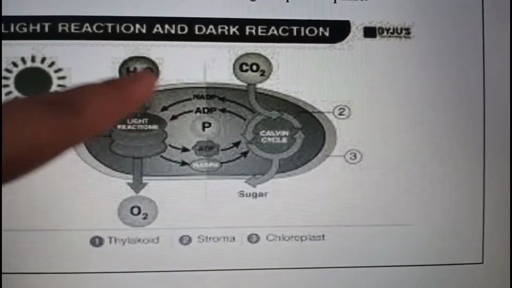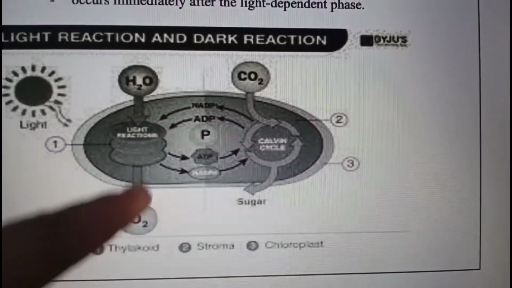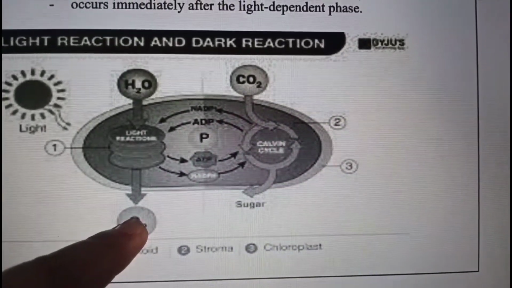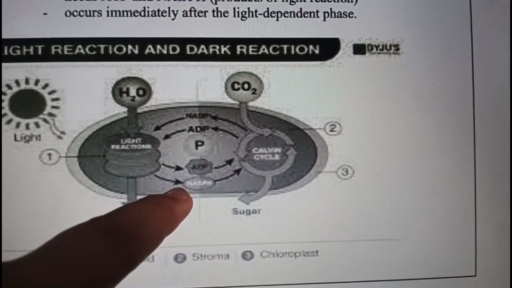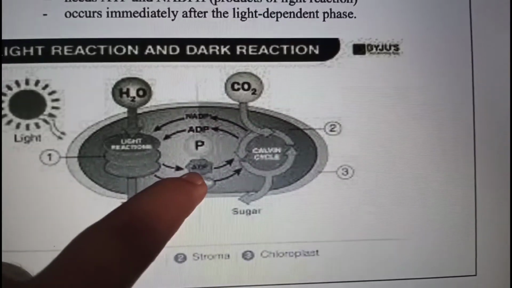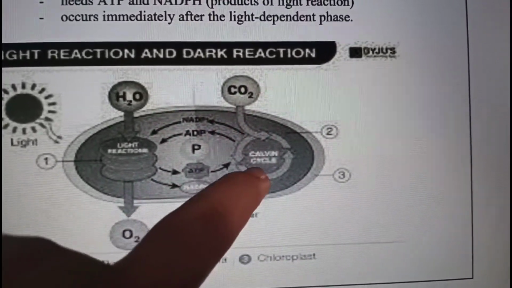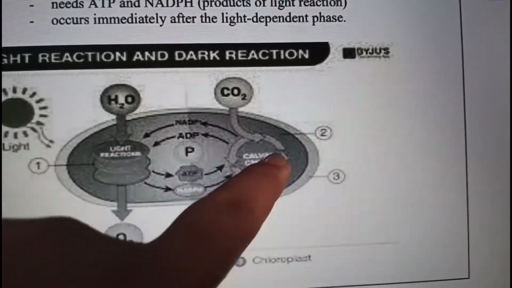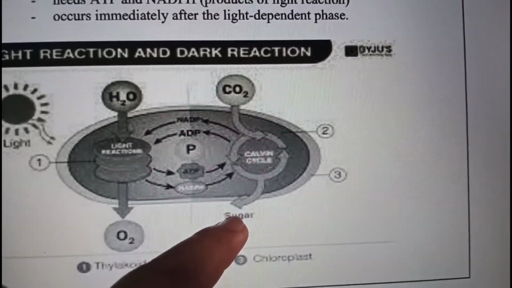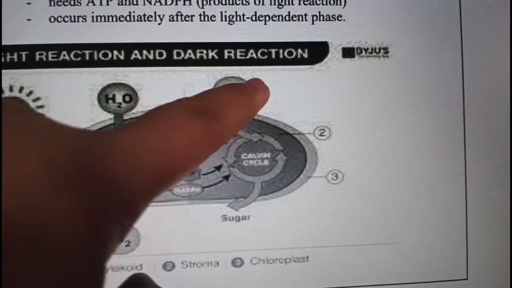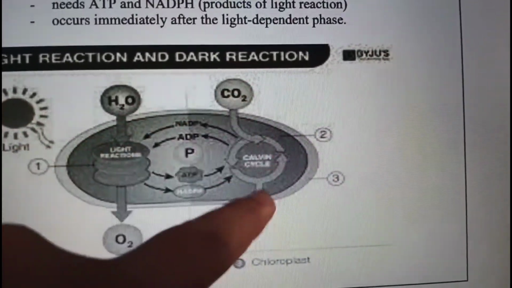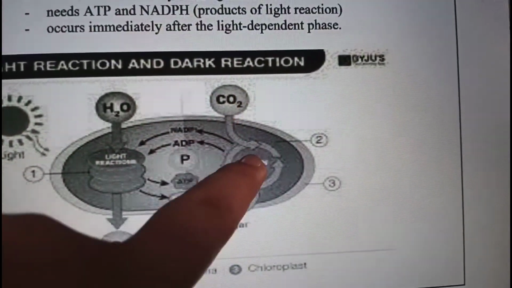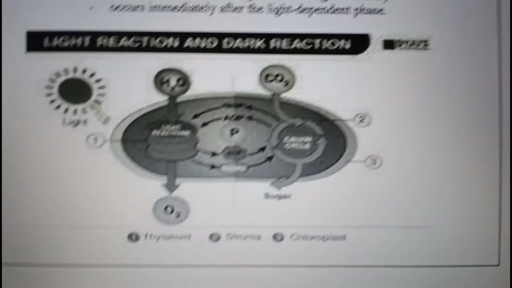So during the light dependent reaction, the oxygen, ATP and NADPH are produced, and the NADPH and ATP are needed by the dark reaction. It produces sugar, and carbon dioxide is also needed.